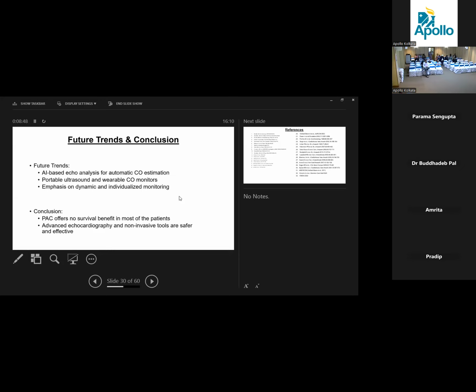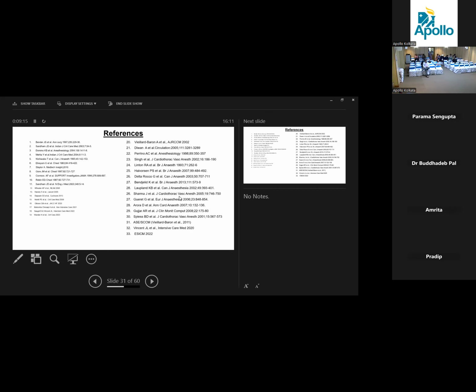There are some future trends also: artificial intelligence based echo analysis for automatic cardiac output estimation, portable machines, wearable cardiac output monitors, with emphasis on dynamic and individualized monitoring as per the patient profile, perioperative or critical care. So concluding, the PA catheter offers no survival benefit in most patients, and advanced echo and non-invasive tools are safer and effective. Thank you.